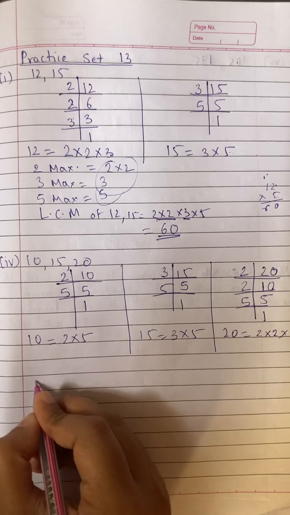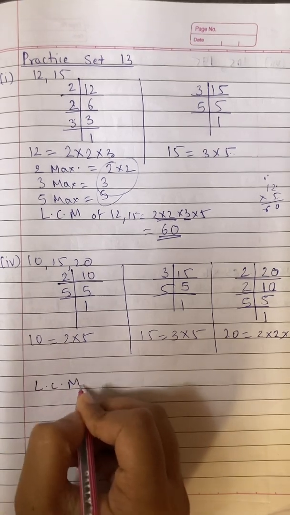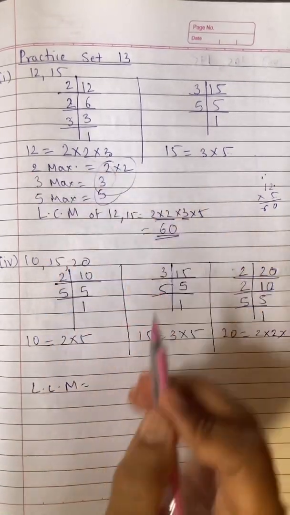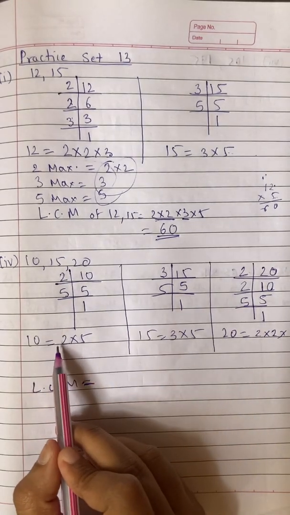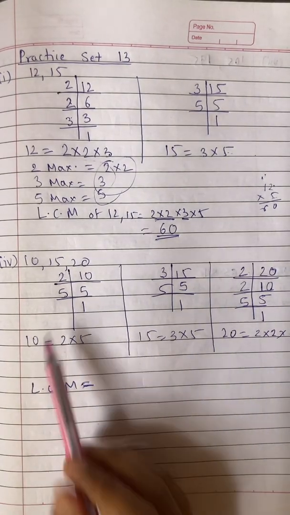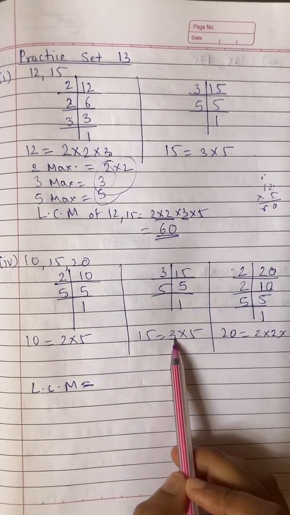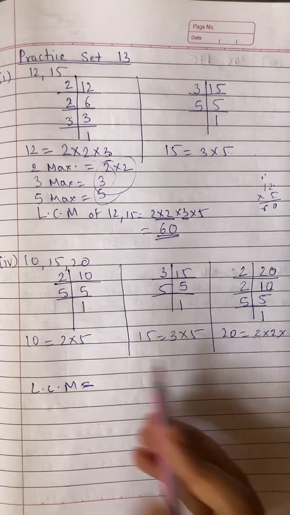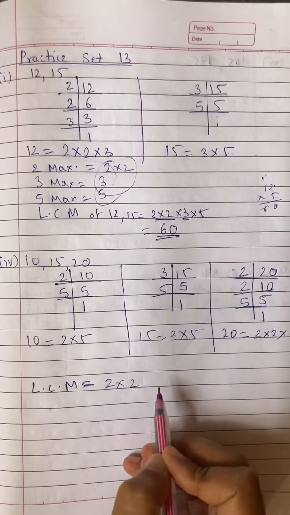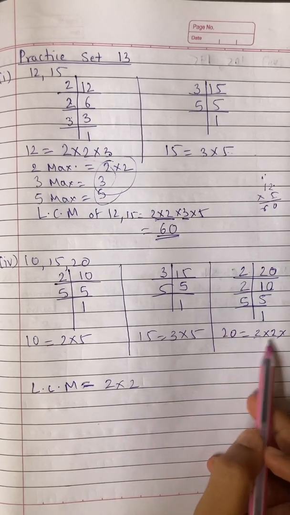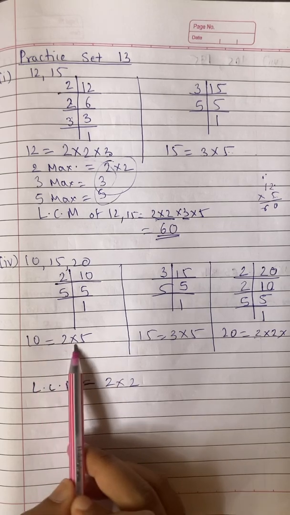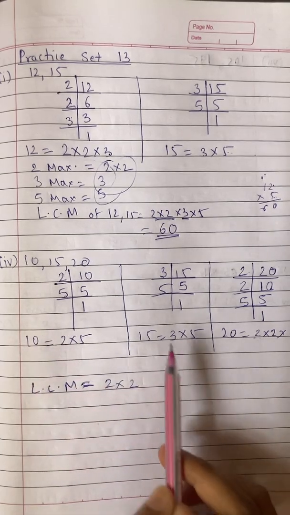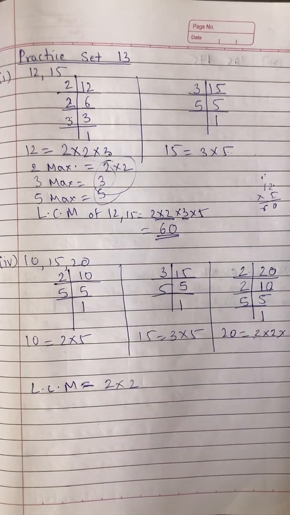Now LCM, how do we write it? Even if you don't write this part, it is fine. Directly you can write. First check for 2. In which number is 2 present the maximum? In 10 it is one time, in 15 it is not there, and in 20 there are 2 times. So I'll write 2 times 2, taking from 20 because it is maximum there. Now check for 3. 3 is there one time in 15, and in 10 and 20 it is not there.